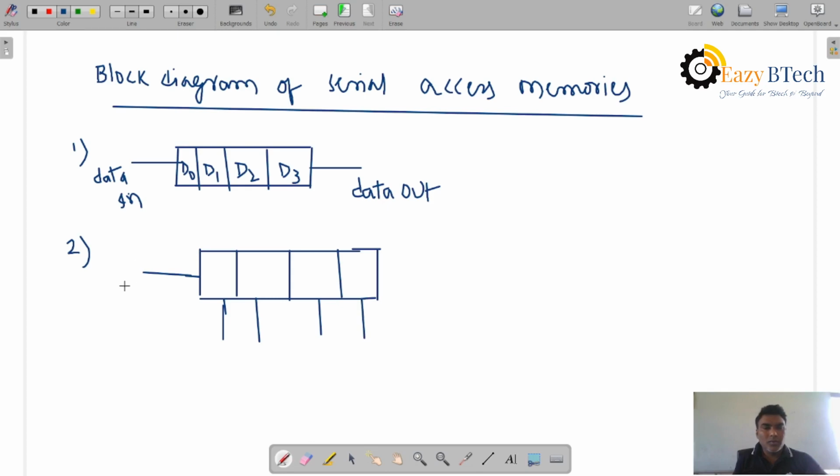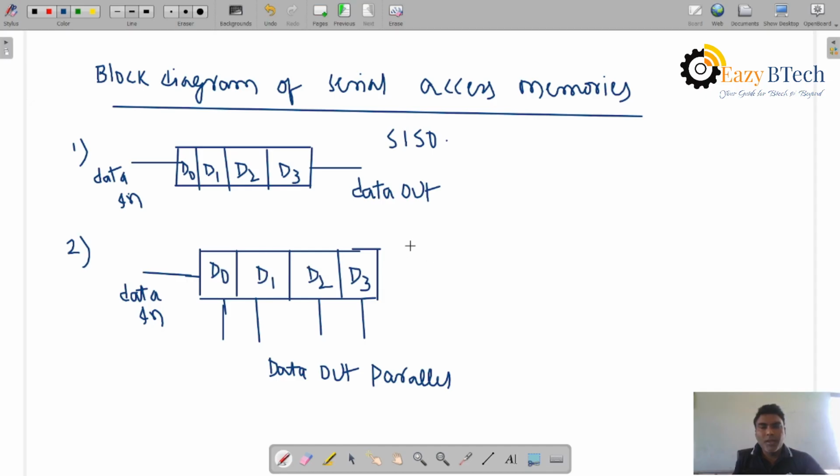So this is data in and parallel data out, with flip-flops D0, D1, D2 and D3. So this is serial in, parallel out.